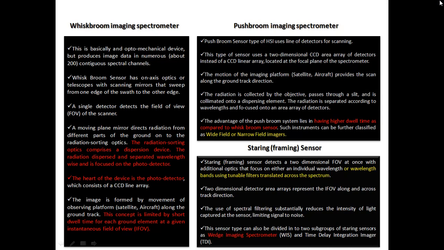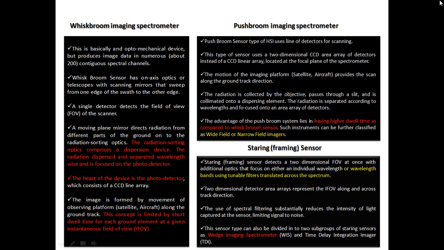It means that in the case of handheld instruments, we can get very clear and complete spectral information about the object. Why? Because in this case, the signal to noise ratio is low. Why? Because this tunable filter reduces the intensity of the light.